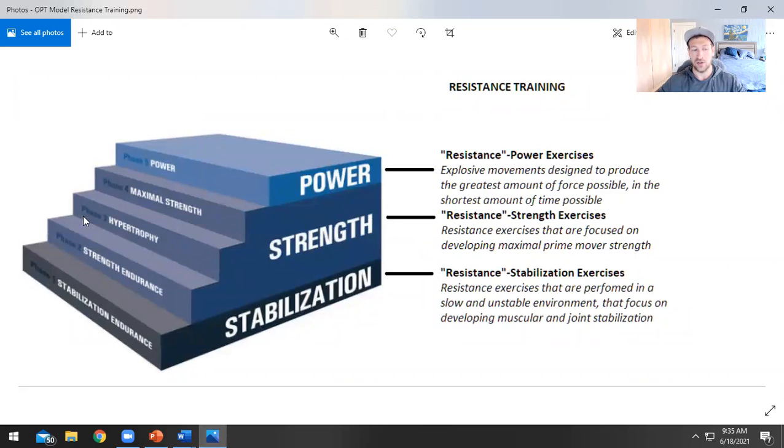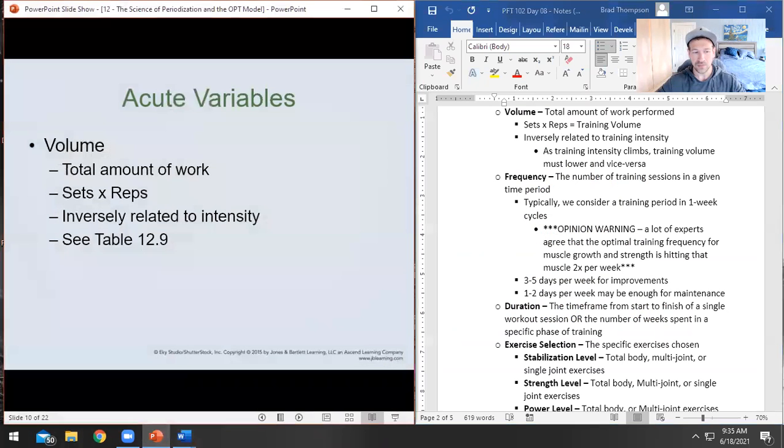If your client's goal is to gain muscular size, maybe it's to raise up your sets and your volume. And if your goal is to gain strength, make it heavier, and if your goal is to gain power, also make it heavier, or make them have to jump higher. So that's what it is when we're talking about training volume.